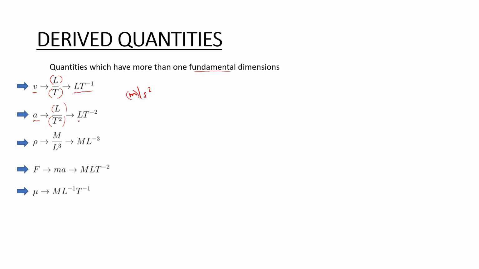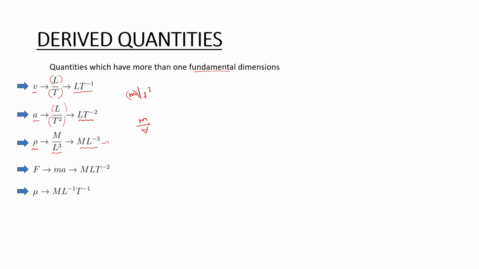So in dimensional terms you can write the quantity like this. In this way you can write all the quantities in terms of dimensions, because in dimensional analysis we make use of these dimensions to establish the relationship between the variables. So let us see how density is written. Rho is M by L cube, or you can write M L raised to minus 3, because density is mass by volume.